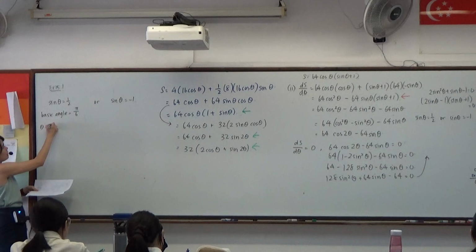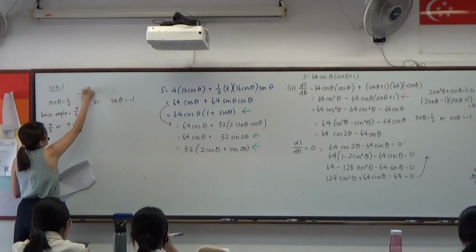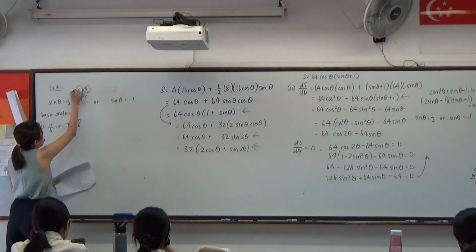Theta is equal to pi over 6 or else pi minus pi over 6 because we're looking at first and second quadrant.